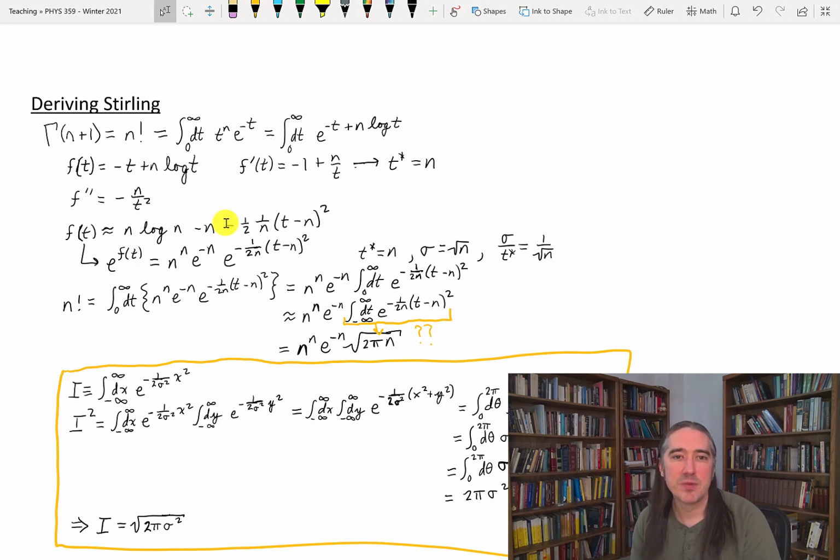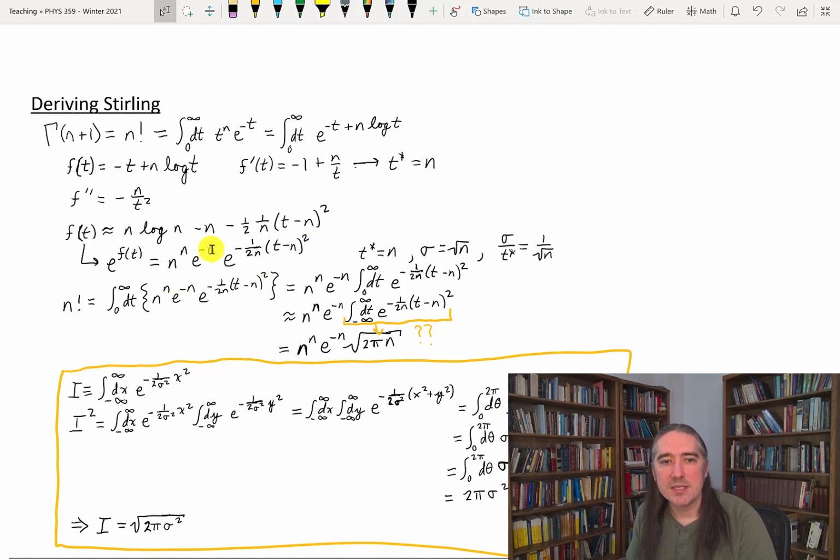The second order term is a half times n over n squared, which is just 1 over n, times (t minus n) squared. So that's what we've gotten out of this exponent. When we plug it back in, e to the n log n is just n to the n, e to the minus n is e to the minus n, and we carry down the quadratic term as well.